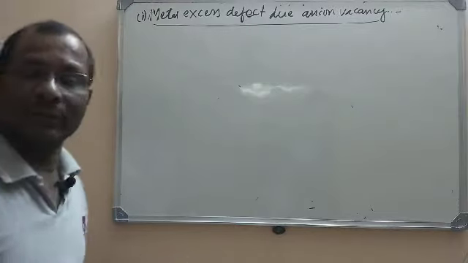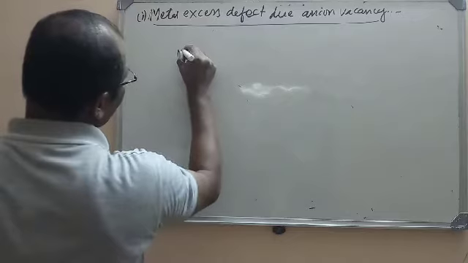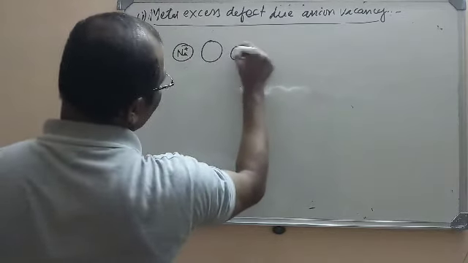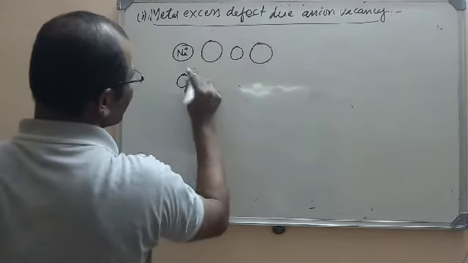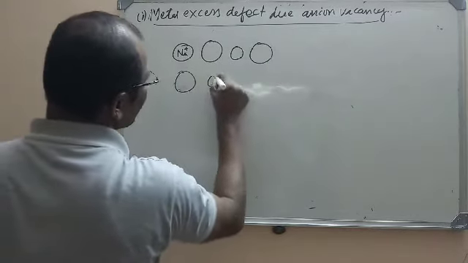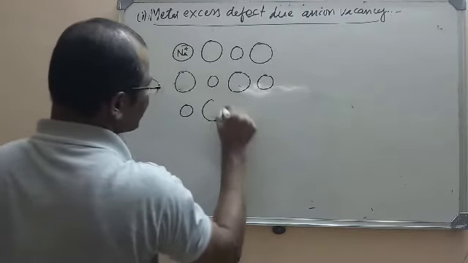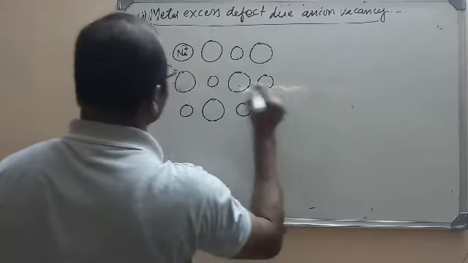Here also we will take NaCl. Just now I had drawn it here. NaCl consists of Na plus and Cl minus ions. So here we have Na plus and Cl minus ions in NaCl.